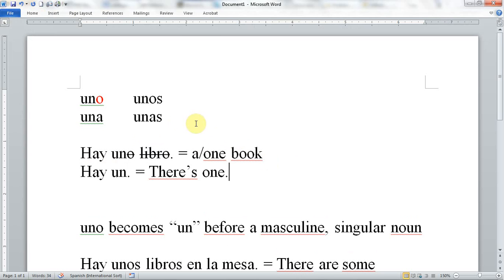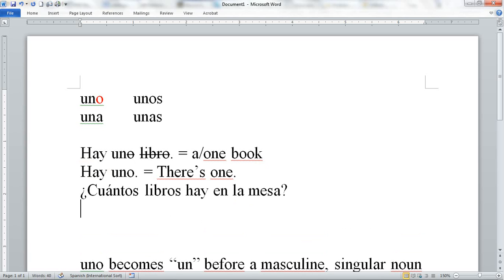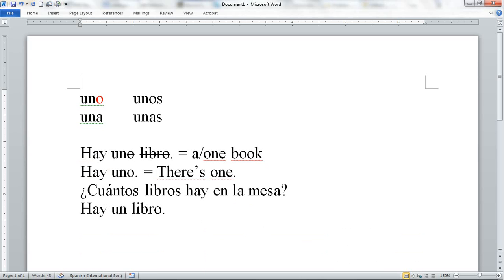Okay, so then we would take back this O and put it there. Hay uno. How many books are there on the table? Hay uno. If somebody asks you, ¿cuántos libros hay en la mesa? You could say, hay un libro en la mesa, o hay uno. There's one book on the table, there's one book, or there's one.